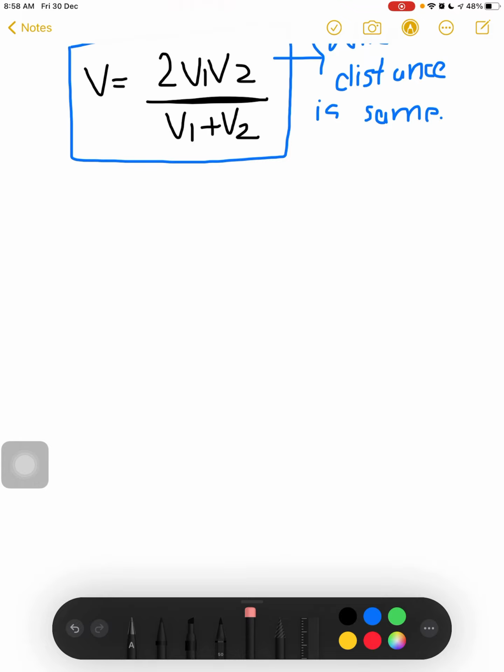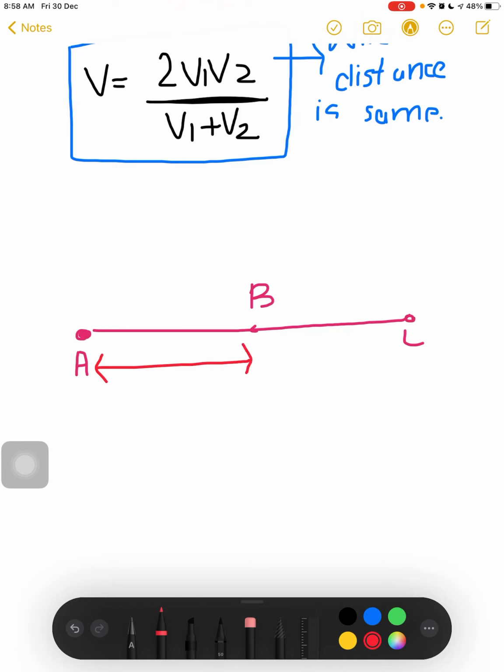Consider this is point A, I have moved to point C, and in the middle there is point B. The distance from A to B is 50 kilometer, and from B to C the distance is also 50 kilometer.